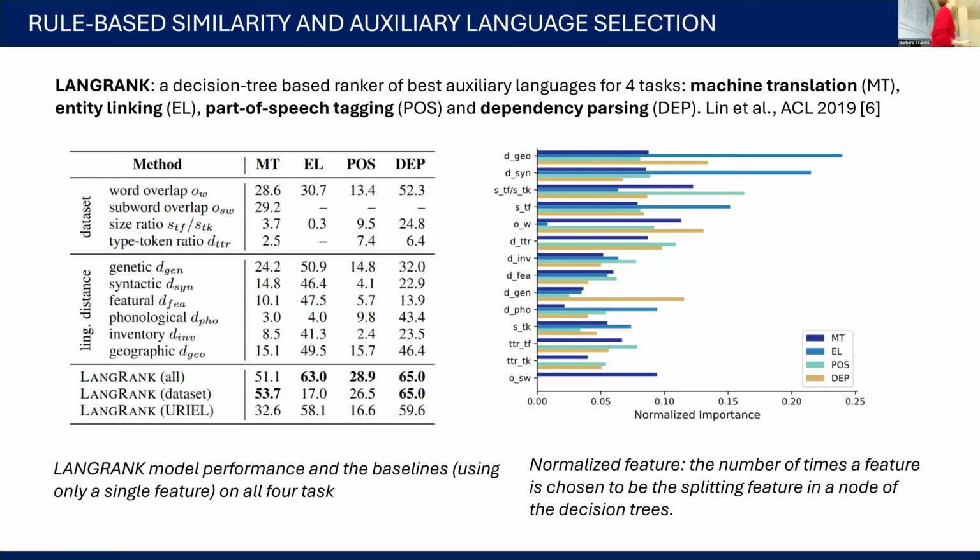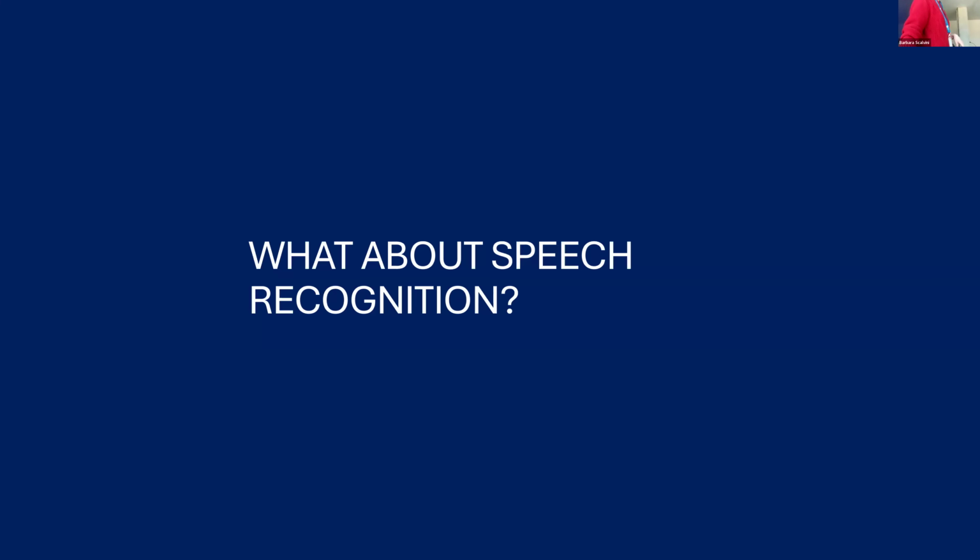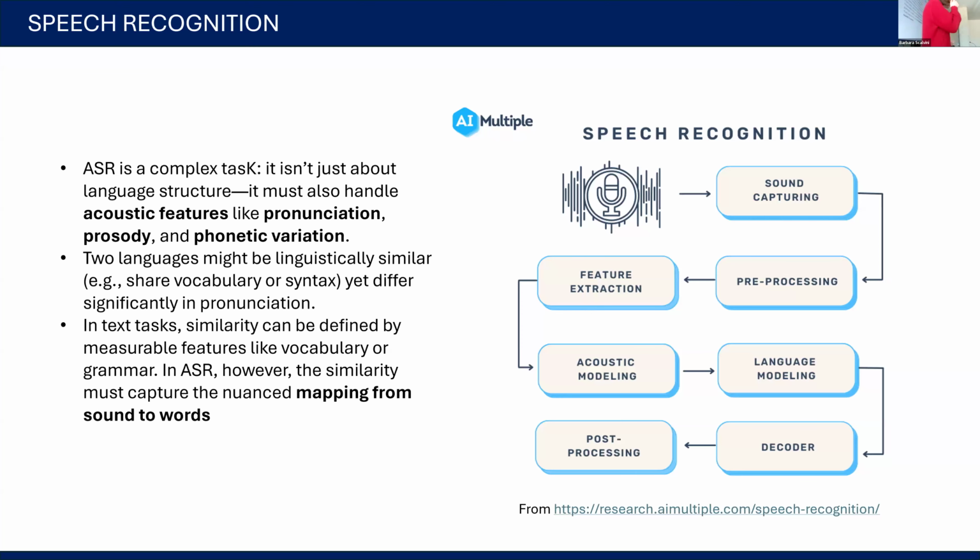So yeah, but these were all text tasks. Speech recognition is a little bit more complicated. And it's more complicated because it's not just about lexical similarity, syntax, and morphology, and so on.